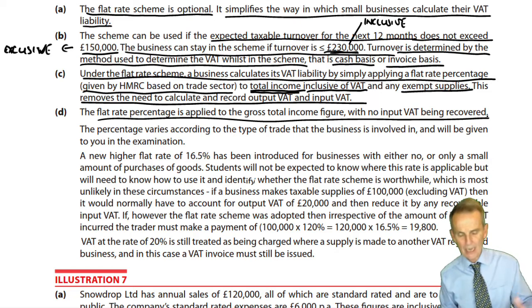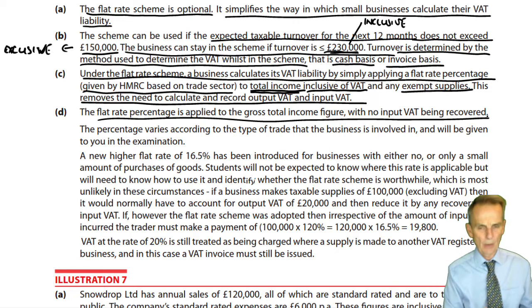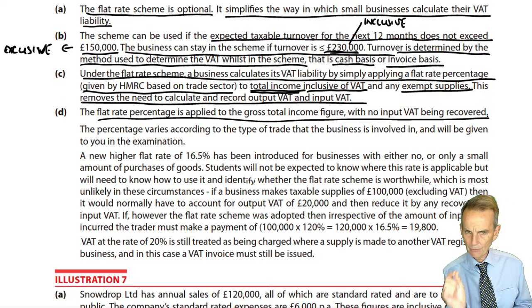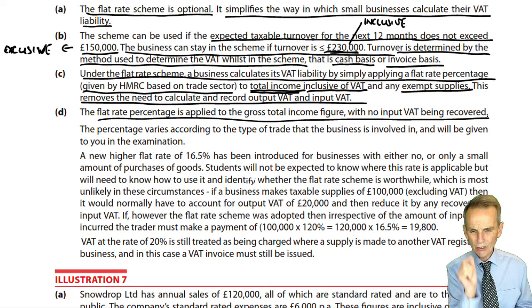The flat rate percentage, it being a figure lower than 20%, looks at that type of trade in relation to what's the normal relationship between outputs and inputs and gives you the flat rate percentage. So one simple single calculation determines for any VAT return period what the figure of VAT will be that needs to be paid to HMRC for that period.